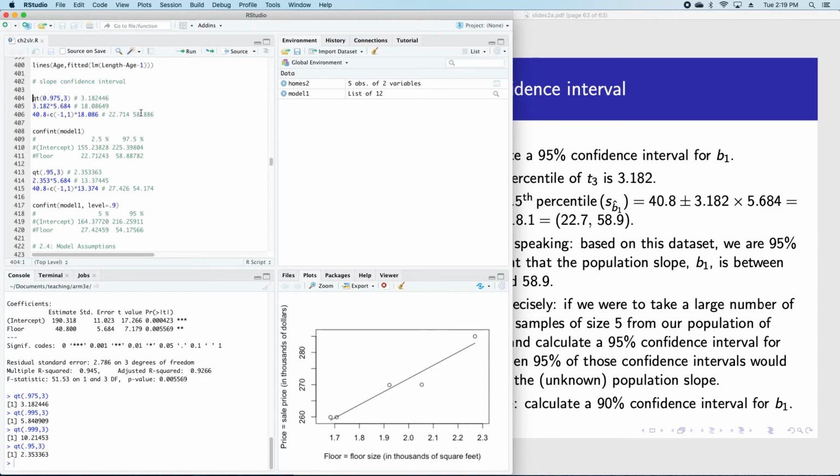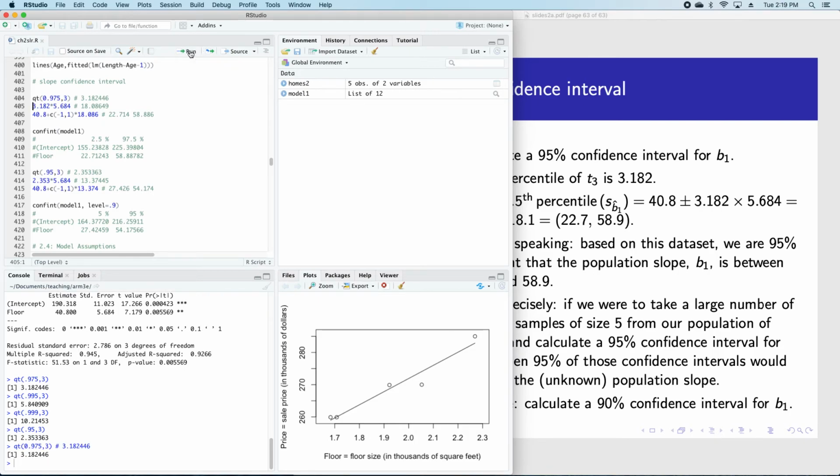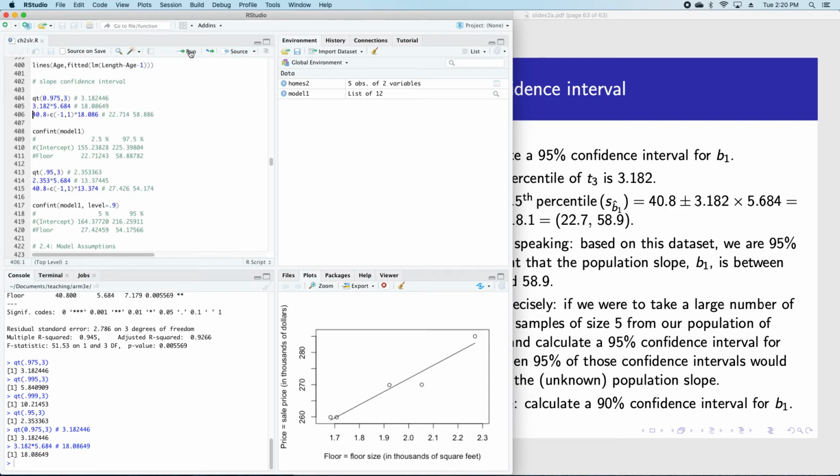So here's the calculations for the 95% confidence interval. There's the 97.5th percentile. There's that 97.5th percentile times the standard error, comes to 18.086.